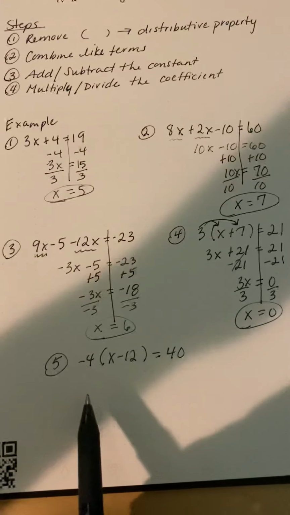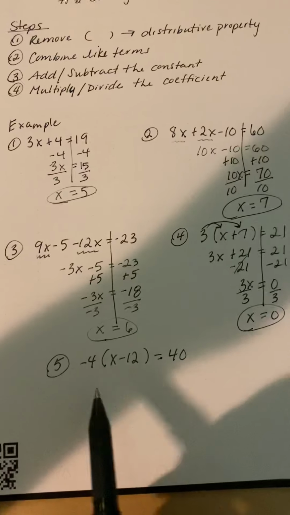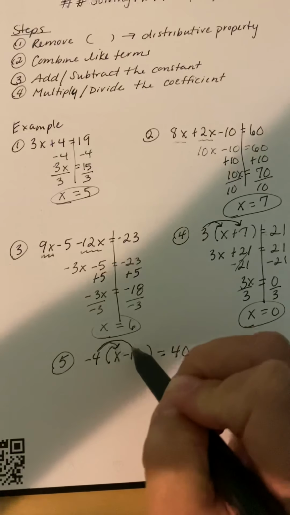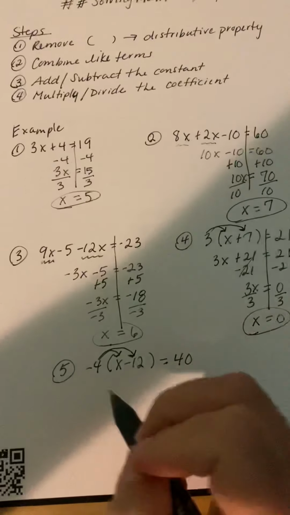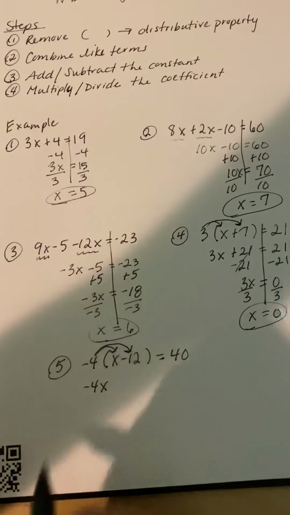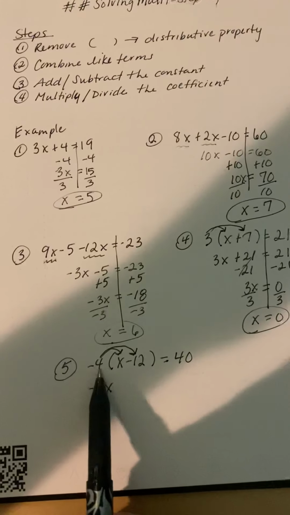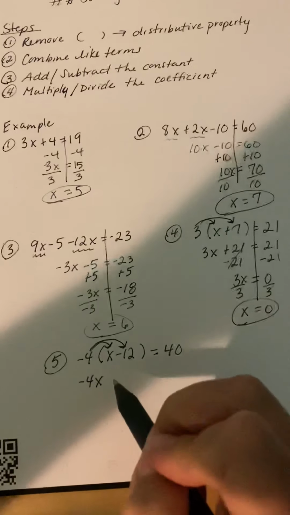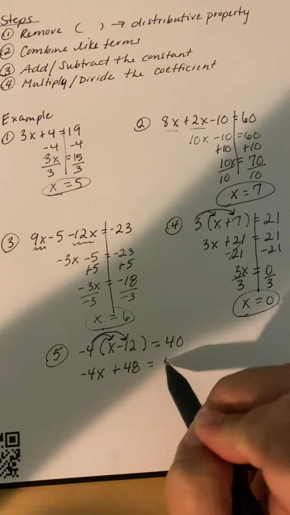So going back to our rules, we're going to have to remove the parentheses by using the distributive property, which means we're going to multiply this negative 4 to everything inside the parentheses. So negative 4 times x is negative 4x. And then we're going to do negative 4 times negative 12. A negative times a negative is a positive. 48 equals 40.